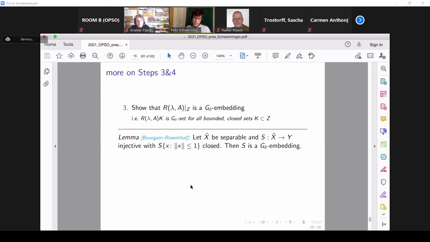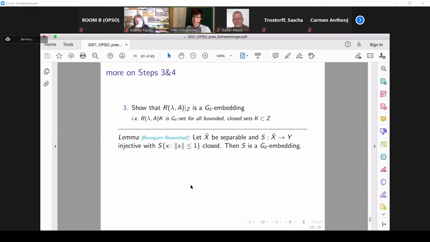Now, very briefly, how to show this third item. The third item uses this Bourgain-Rosenthal lemma, and this lemma says when you have such a G delta embedding. And the condition for that is that you have a mapping from a separable space X hat to Y, which is injective, and moreover has the property that it maps the closed unit disk to a closed set.